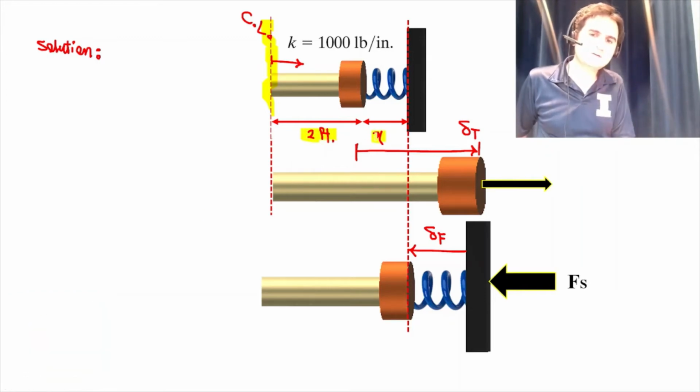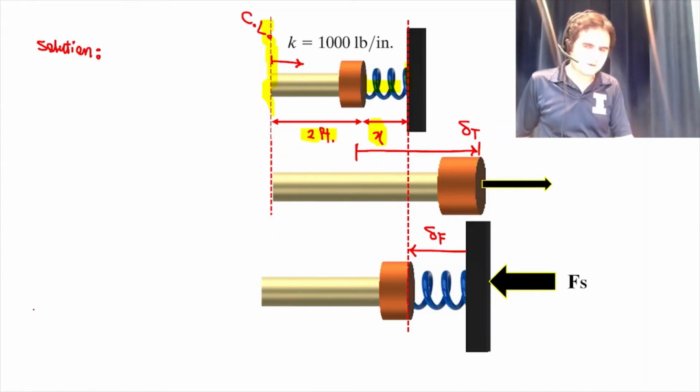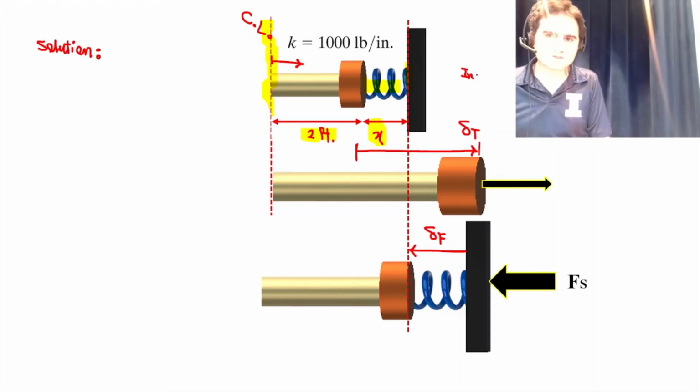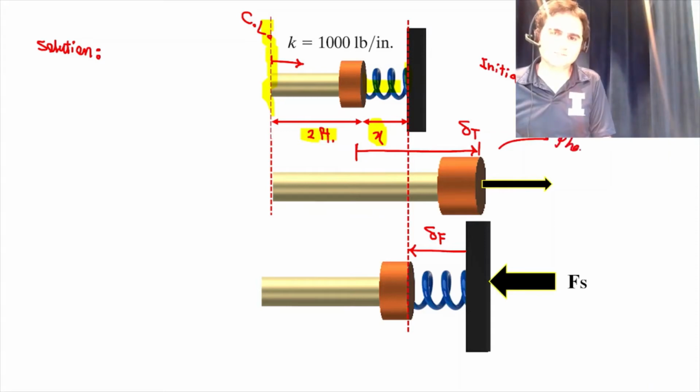We call the distance between the end of the rod, the start of the spring, and the start of the support a distance of x. We call this the initial condition, then this is phase 1 and this part phase 2.